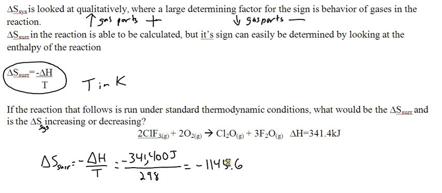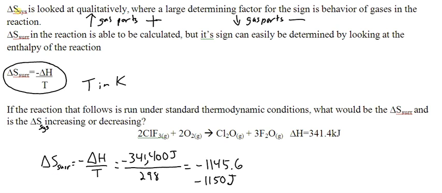Probably carrying too many sig figs. Based on this, we're looking at probably more likely 4 or 3 sig figs, so thinking that we could report the answer as negative 1150. No decimal point, actually, so negative 1150 joules. And so that's going to be the change in entropy of the surroundings.